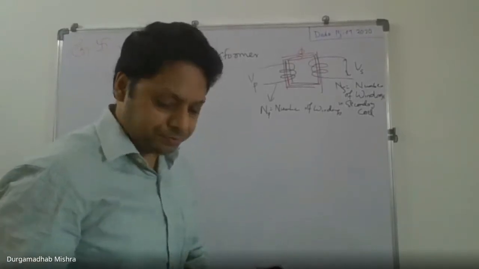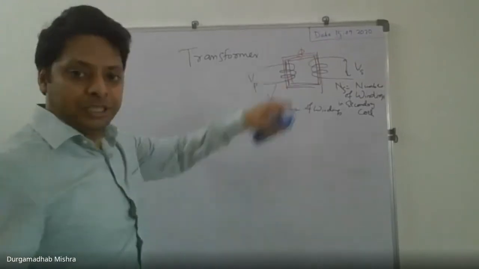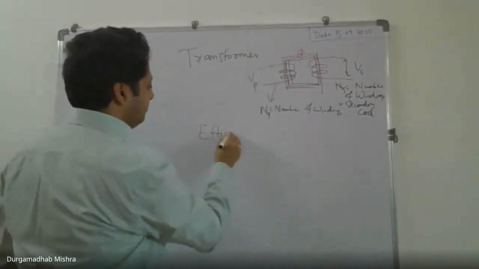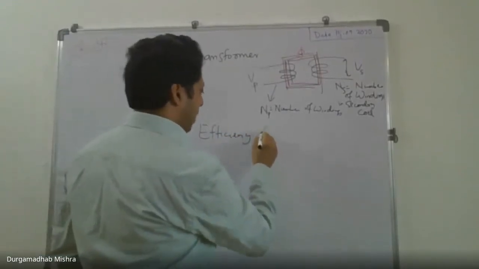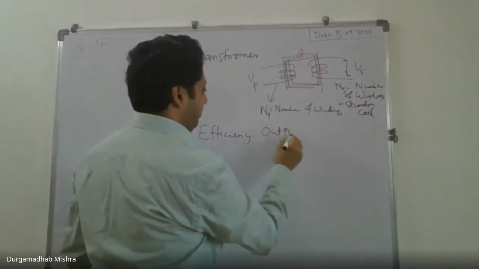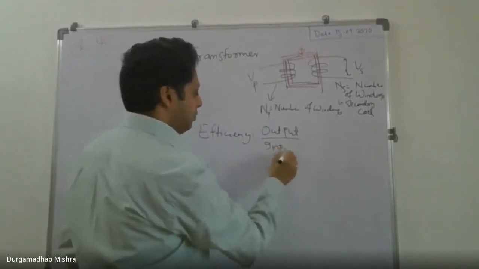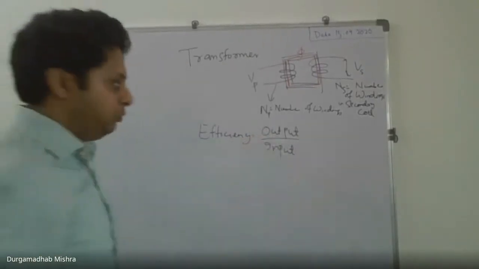Now, how do we define the efficiency? Efficiency is the output for any device, whatever is the input power and how much output we get.